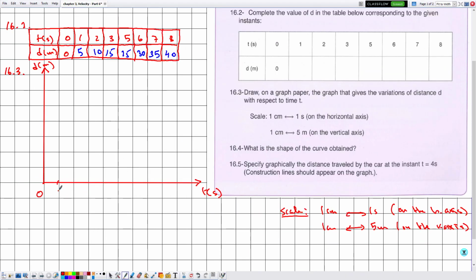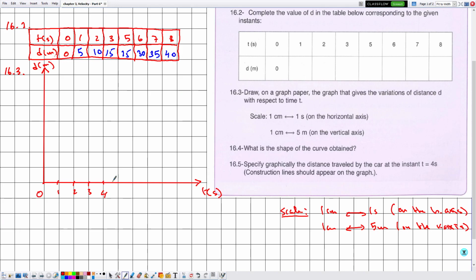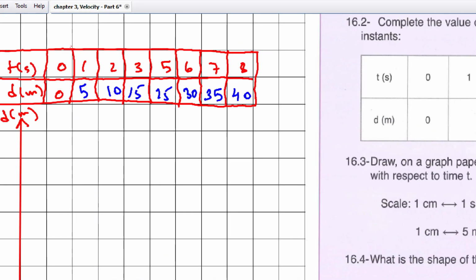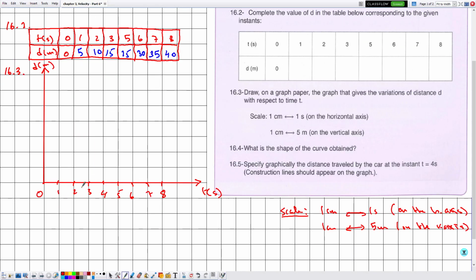So this is 1, 2, 3, 4, 5, 6, 7, and 8, where we stop because it is the largest value included in the table. Independent of the values of the table, we start by 0 and end by 8, moving by a step of 1 according to the scale.